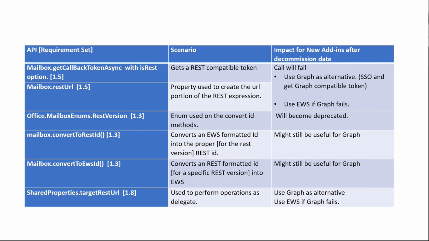So this API is going to fail for new Add-ins. The recommendation here is to use the Graph as an alternative. We recently shipped the SSO feature, and in fact, I think David himself produced a few examples on how to use single sign-on and get a Graph compatible token, so that your Add-ins use the Graph instead.